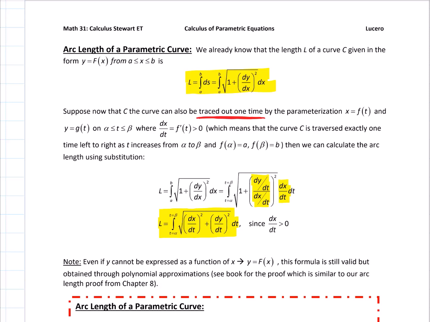So you have to make sure you're traced out one time by a parameterization from alpha to beta. And there is this other piece that dx/dt, the f prime of t, is greater than 0. That means it's traversed exactly one time from left to right as t increases from alpha to beta. Okay? So f of alpha equals a and f of beta equals b. And so then we can calculate that.